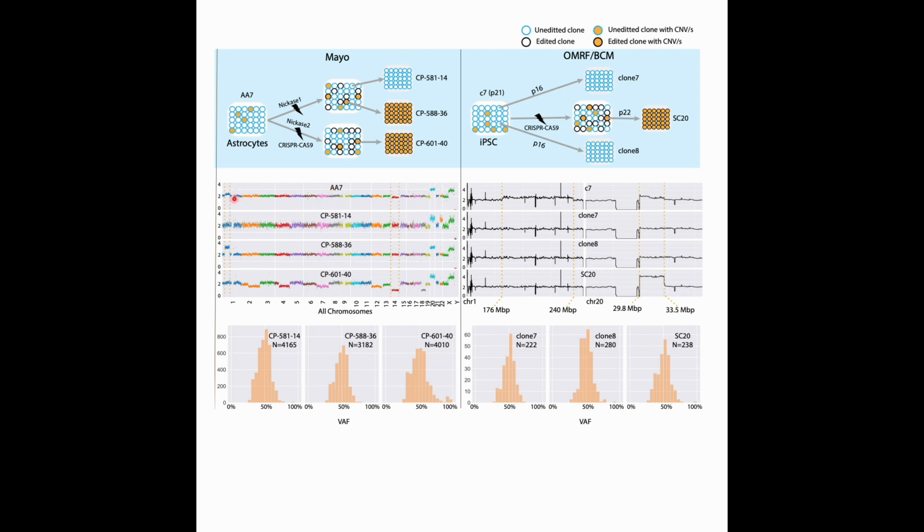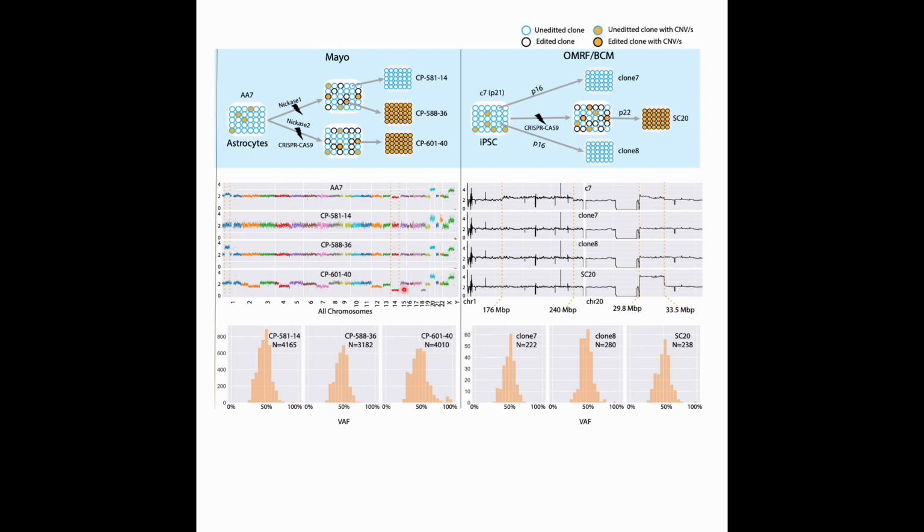In AA7, we saw two low frequency events, one duplication on chromosome 1 and another deletion on chromosome 14. This low frequency duplication on chromosome 1 becomes prominent in the CP58836 sample, but is not present in the CP58841 edited line as well as in CP60140.